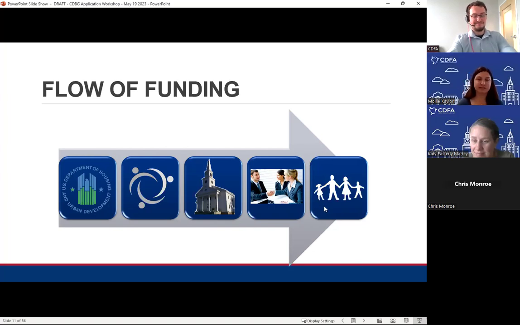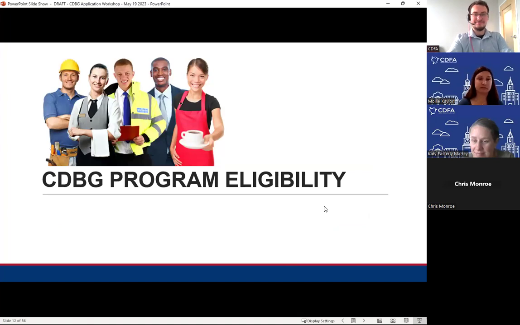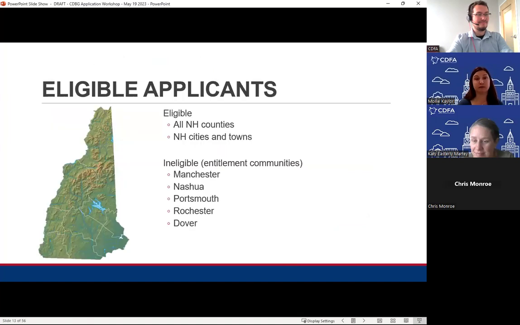Well, let's move on to the next section where we're going to talk a bit more about CDBG program eligibility. So CDBG is a bit different than many other grant programs that you may be familiar with when it comes to who is eligible to apply for funding. It is a federal requirement of CDBG that the applicant must be a general unit of general local government.